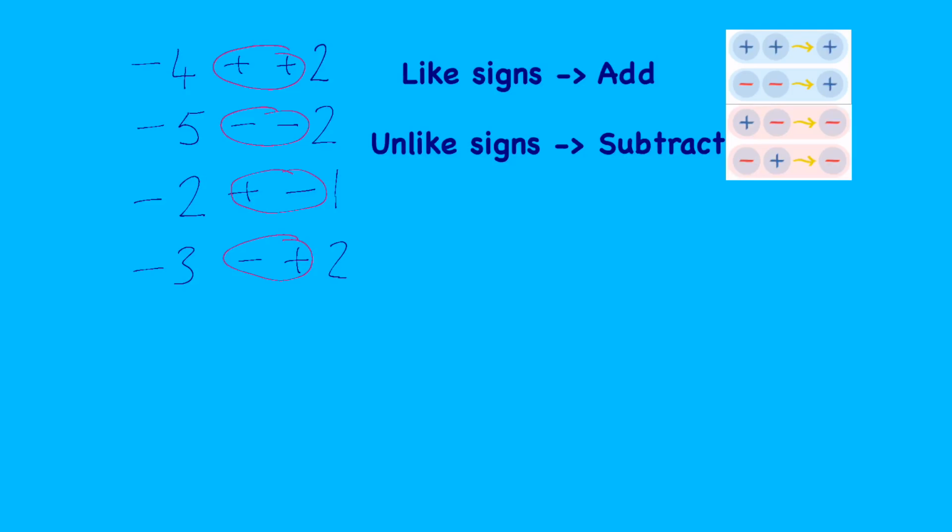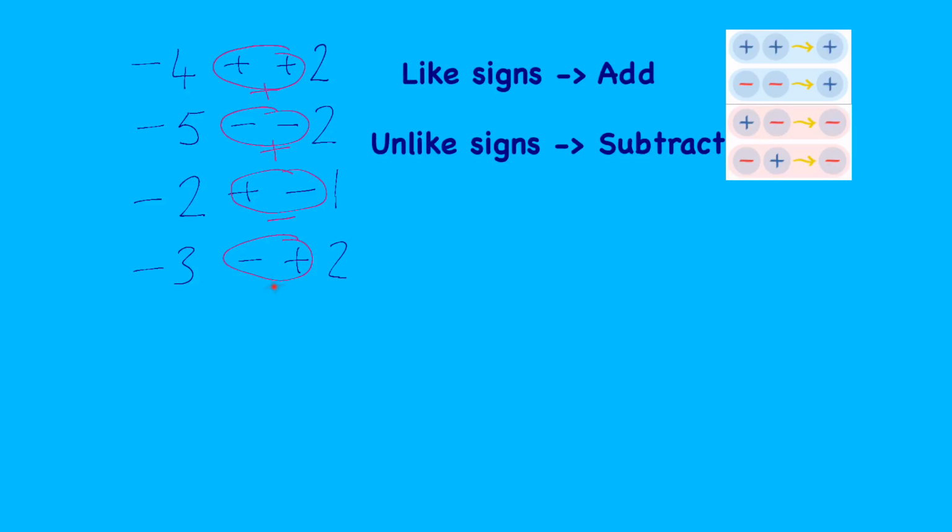Okay, so here we have 2 positives, so they are like signs, so that's going to be an add. Then we have 2 like signs again, so that will be an add. Then we move down here and we have a positive and a negative, so unlike signs is subtract, so we change those 2 signs to subtract.